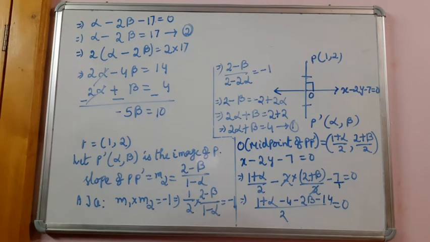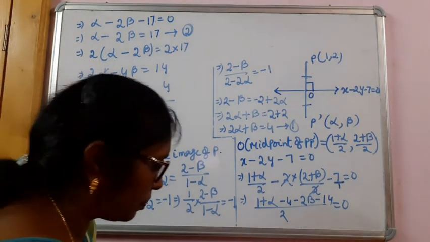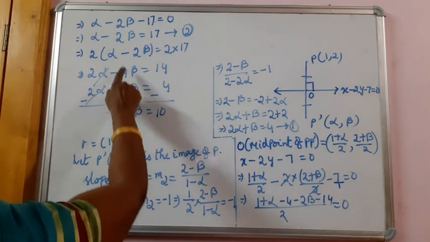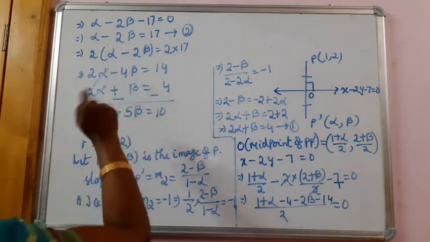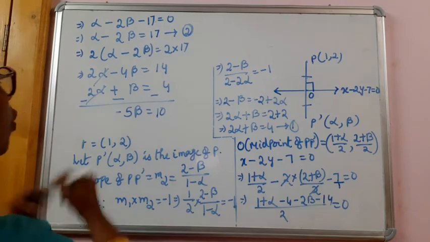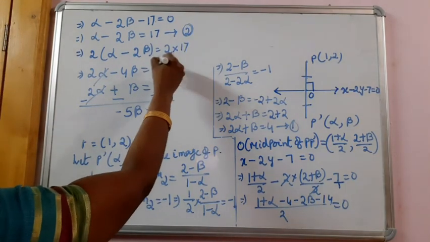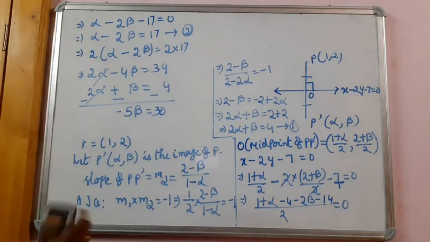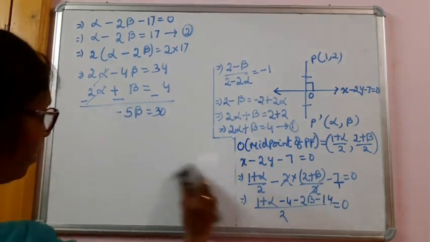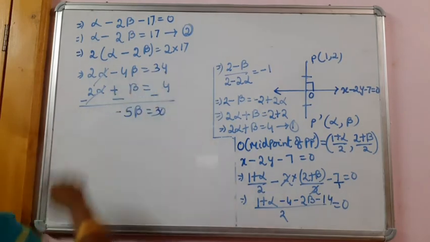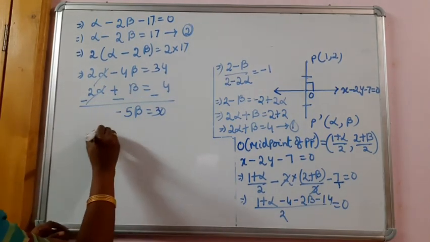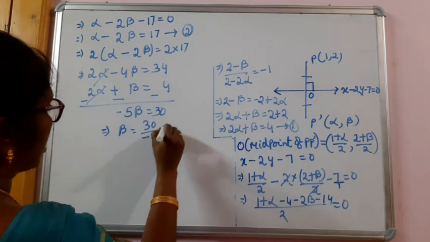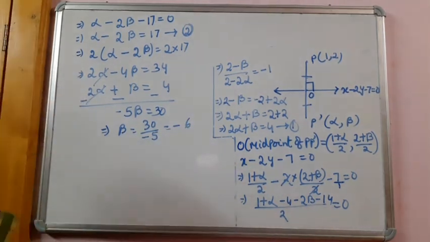That means beta is equal to 30 by minus 5. That gives you minus 6.